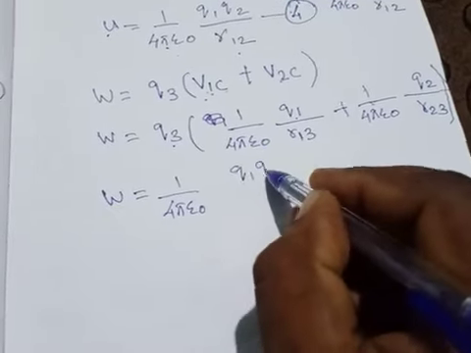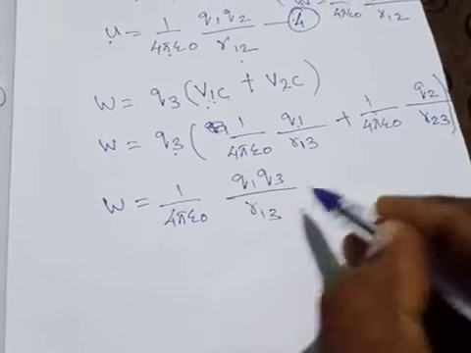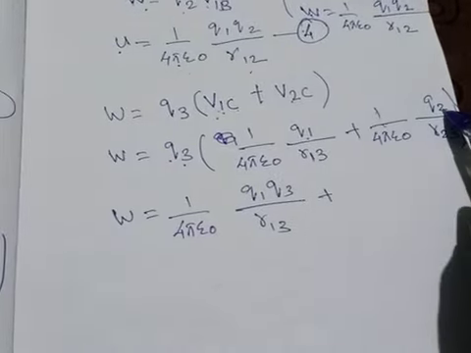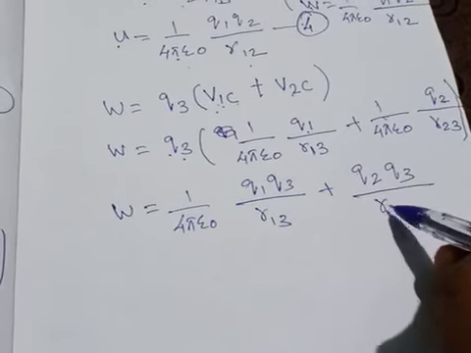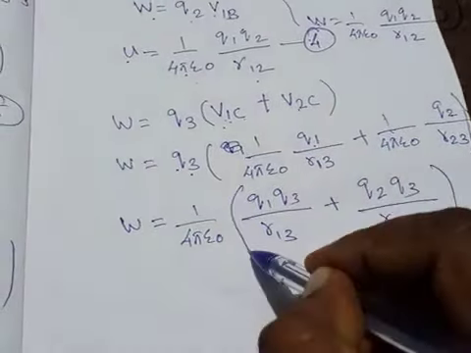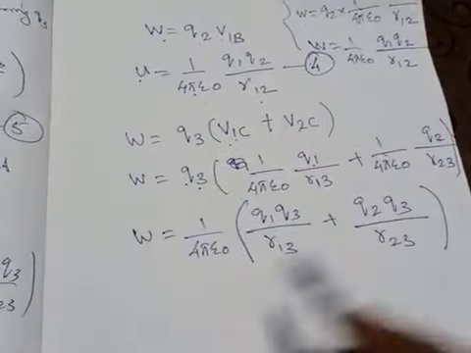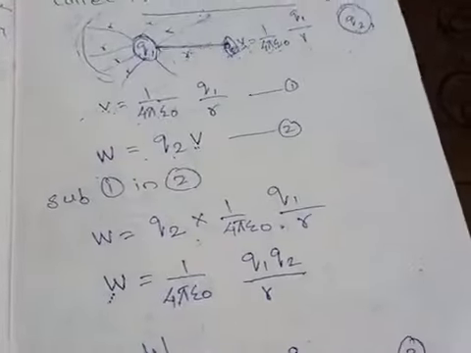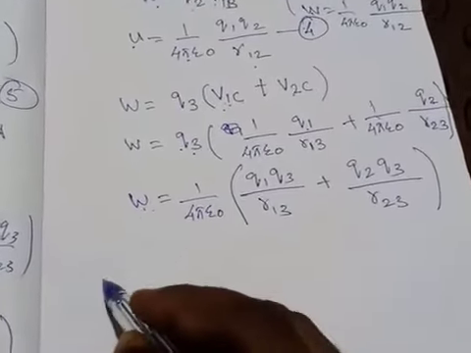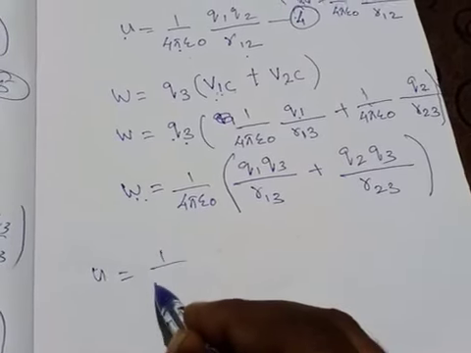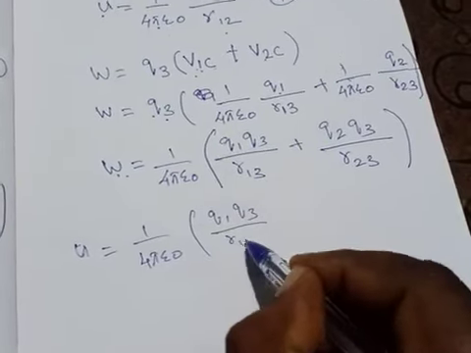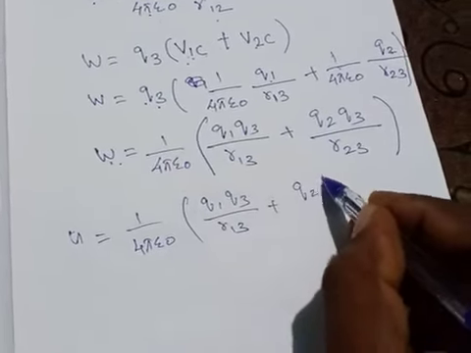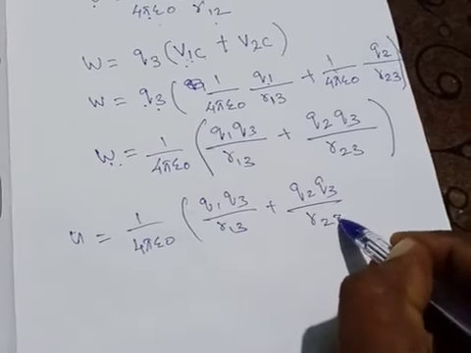So Q1 Q3 by R13 plus again multiplying this Q3 here, Q2 Q3 by R23. Okay, so now you go to this equation. This is the work done, and this work done is equal to the stored potential energy U is equal to 1 by 4 pi epsilon 0 Q1 Q3 by R13 plus Q2 Q3 by R23.